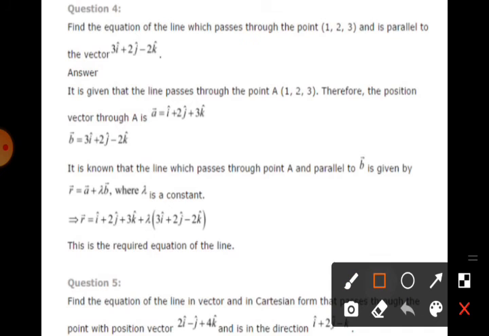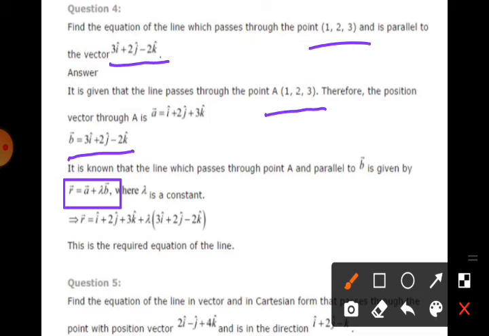Given the point A is (1, 2, 3) and the parallel vector b vector is equal to 3i cap plus 2j cap minus 2k cap. Now put these vectors in the formula, then we have r vector equal to i cap plus 2j cap plus 3k cap plus lambda of 3i cap plus 2j cap minus 2k cap. This is the required equation of the line.